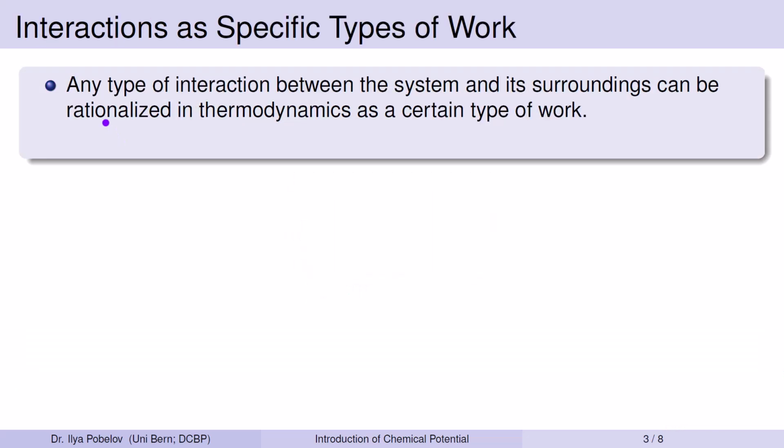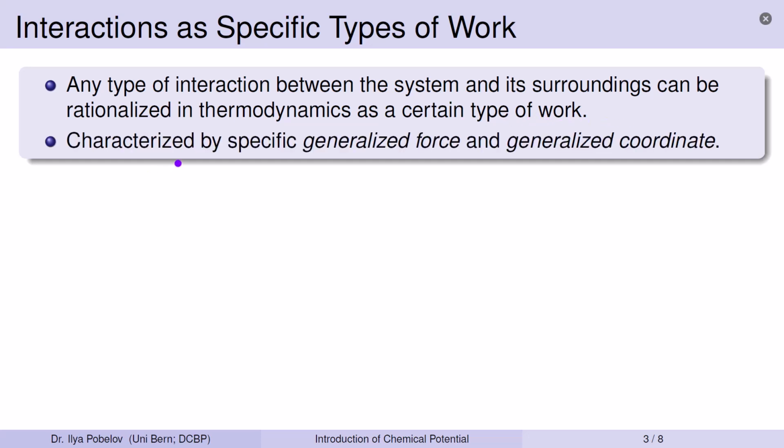In general, any type of interaction between the system and its surroundings can be rationalized in thermodynamics as a certain type of work. Each type of work is characterized by a specific generalized force and generalized coordinate, which form a pair of conjugate variables.